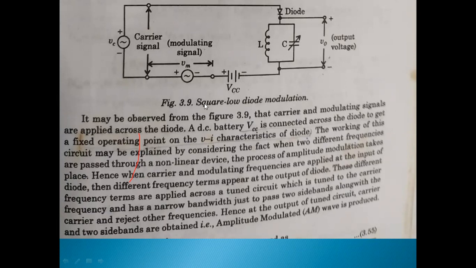The name itself says square law diode: the non-linearity characteristic of the diode is used in the basic principle.